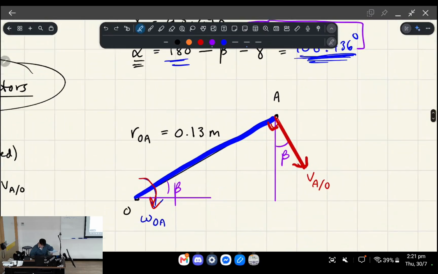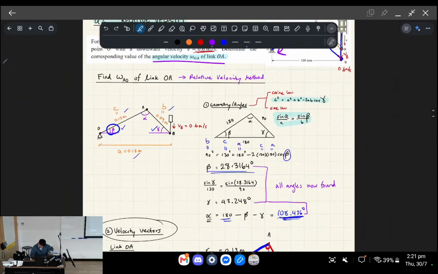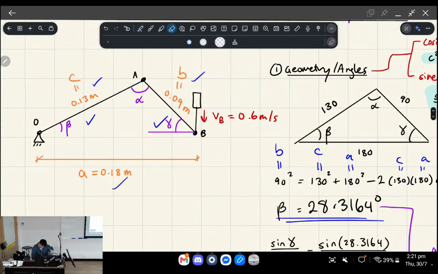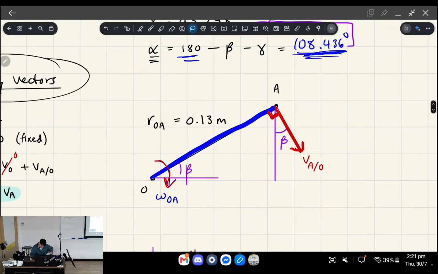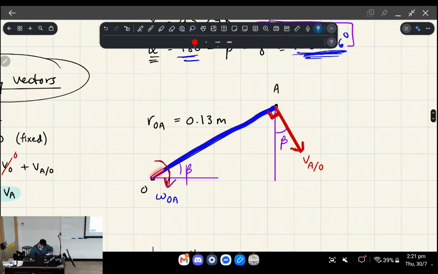The other thing is understanding the geometry. So beta, we worked out what beta was over here. But it's understanding that if you have a 90-degree angle from the lever arm to the velocity vector, we want to know the angle that the velocity vector is coming off of either the horizontal or the vertical line.